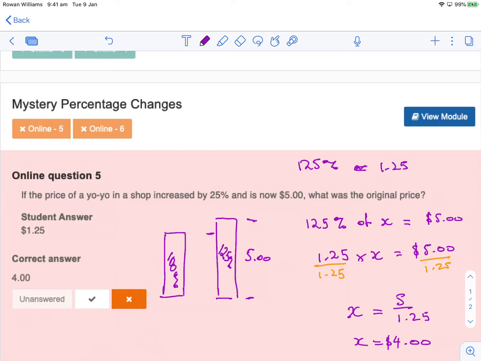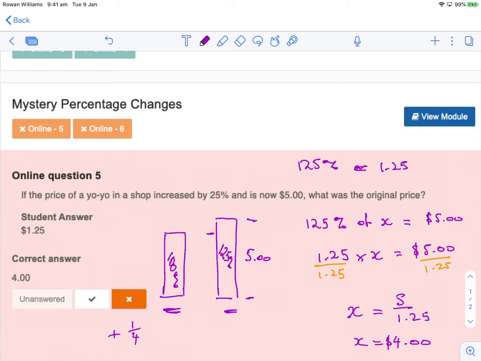The other thing we can do is think about what 10% or what 25% of something is. So if I add on 25% of something, I'm adding 1/4 of something, right? And if it ends up at 5, so I've got some starting amount here, and then I'm going to plus 1/4 on, and I'm going to get to here.